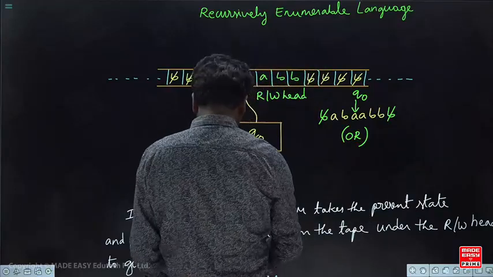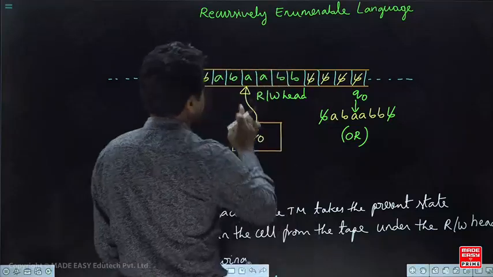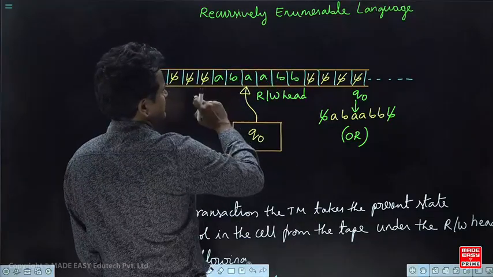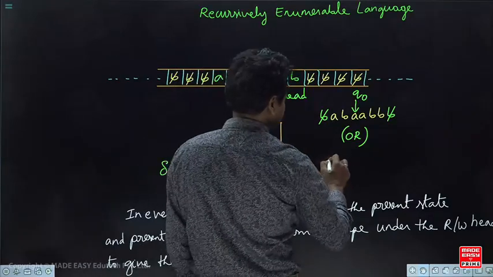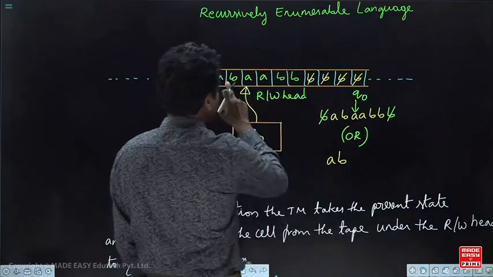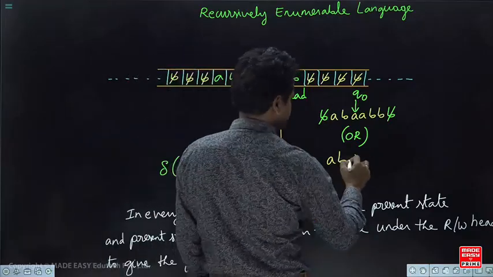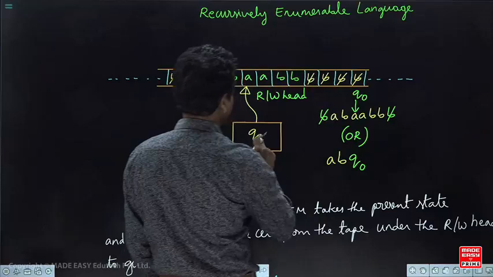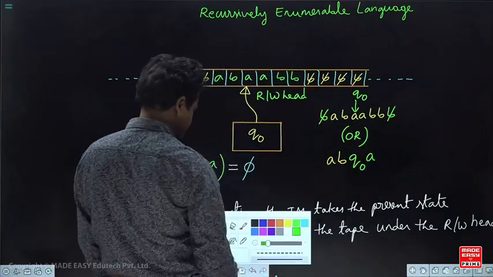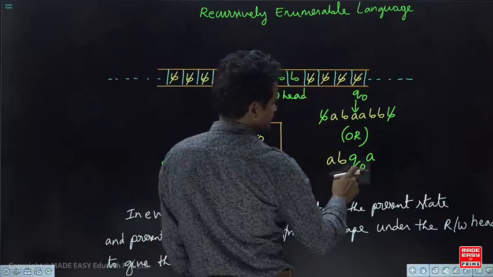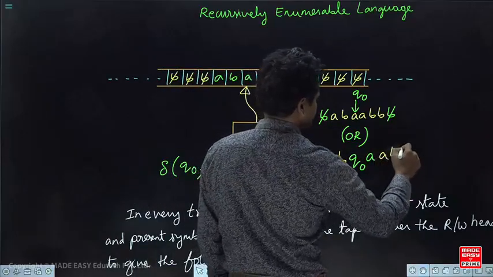Look at this, guys. Here what is the input string? A B double A double B. What is the present state? Q0. What is the present input symbol? A. So look at this: A B, and we write the present state Q0 before the present input symbol. So what does it mean here? Q0 is the present state and A is the present input symbol, and these are the remaining input symbols.